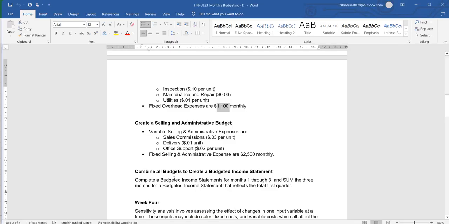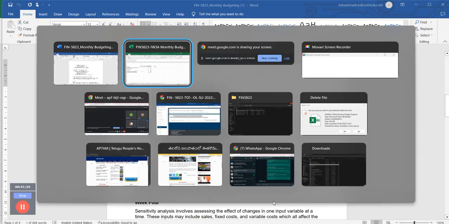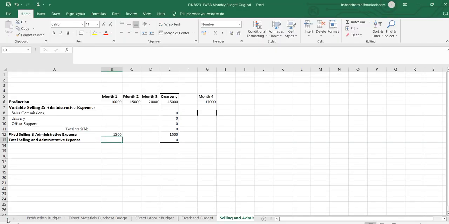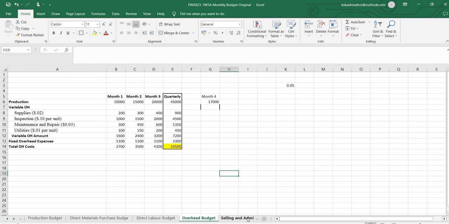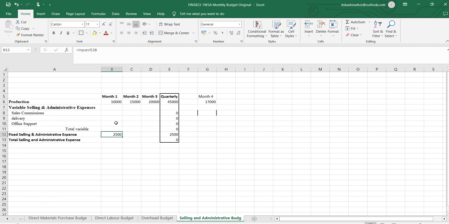Actually, I guessed it was 1500, but it is 2500, so let me change it. I will make this one static. It's a very simple act actually. Every time I convert it into a static reference. Okay, so let me flag it.